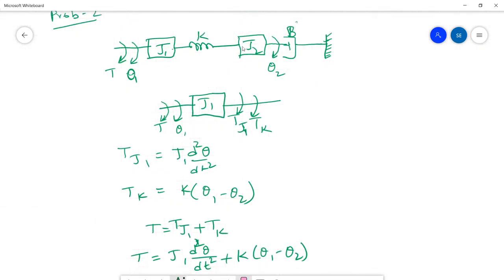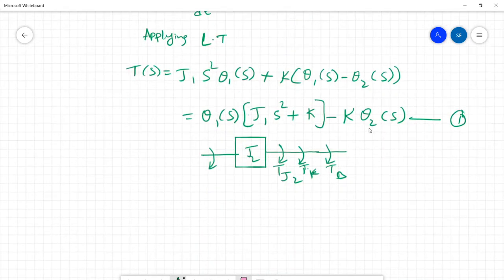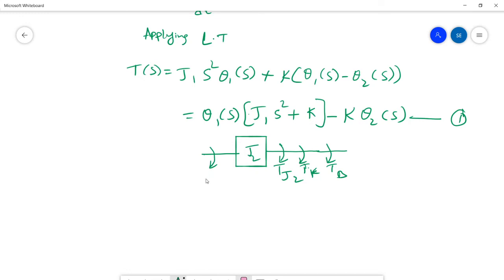So Tj2 is equal to J2 into d square theta 2 by dt square, and Tb, the torque due to the dashpot, is B into d theta 2 by dt.